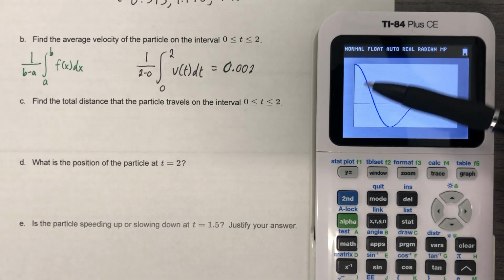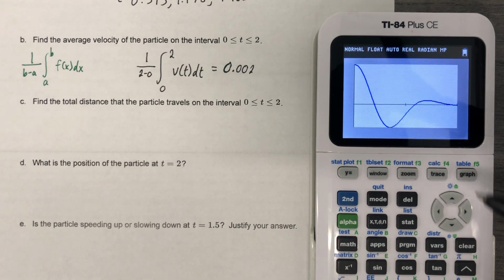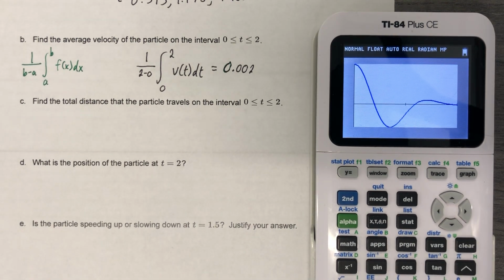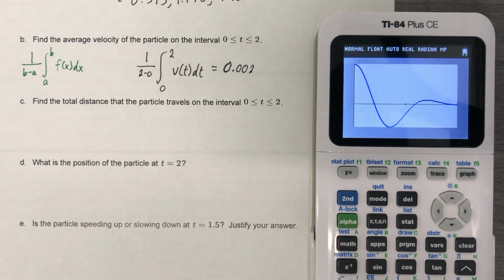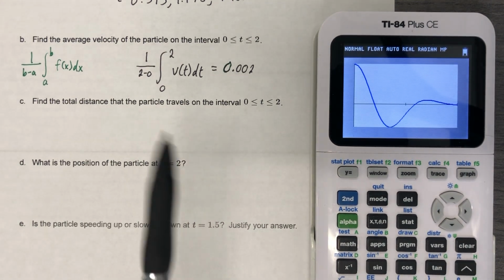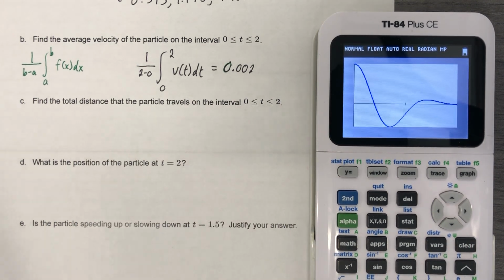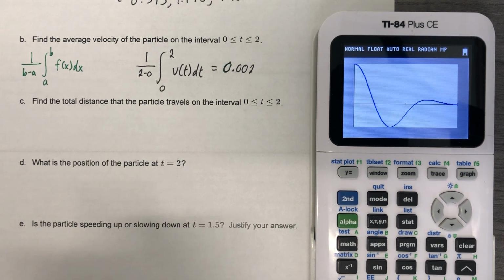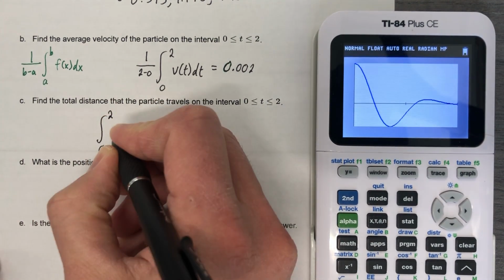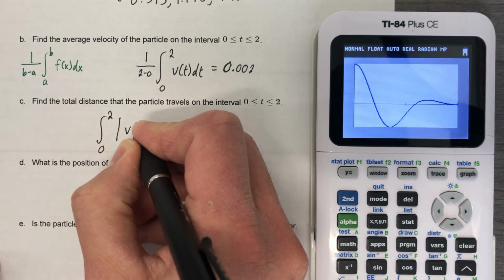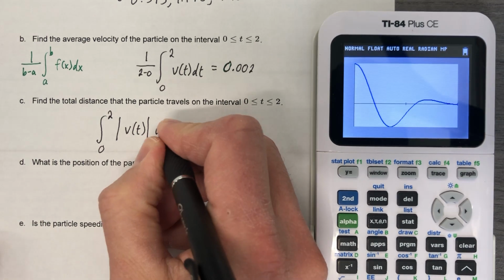The way it would calculate in the calculator is positive, negative, but we want the total distance, meaning particle moves forward, we count it forward, particle moves backward, we're going to still count it positive, which means we're going to need to do the integral from 0 to 2 of the absolute value of the velocity, that's going to make everything positive, dt.